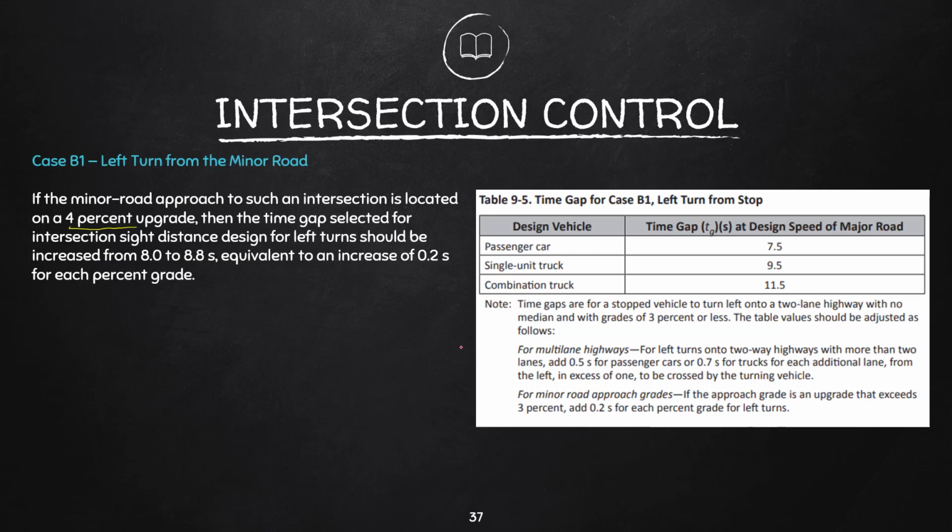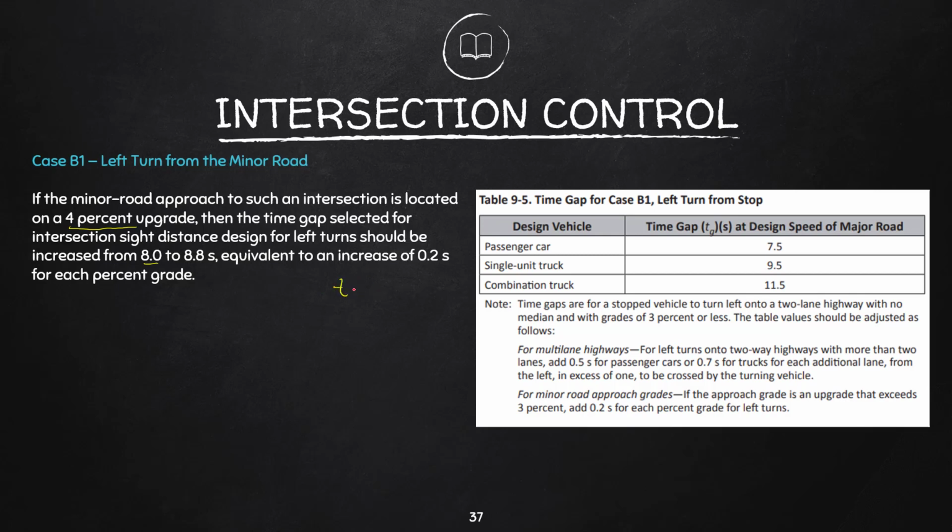So, again, we are still considering the multi-lane, so the original one is 8.0. But then, that is a 4% upgrade. That is greater than 3%. So, we will add 4% here.